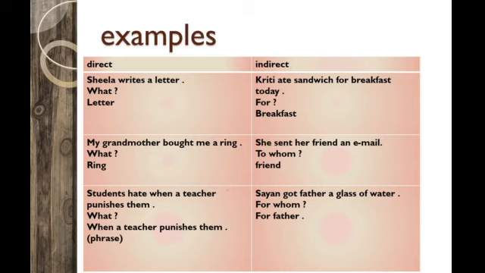Then it comes as an indirect object. She sent her friend an email. What? An email. To whom? To her friend. Similarly, Sian got father a glass of water. If I say what, then a glass of water. For whom? For his father. So here are the two questions. You can easily identify which object is direct and which is indirect.